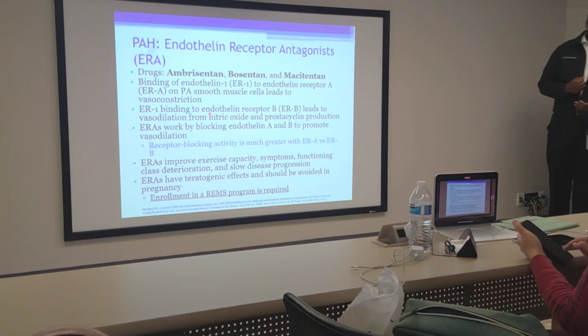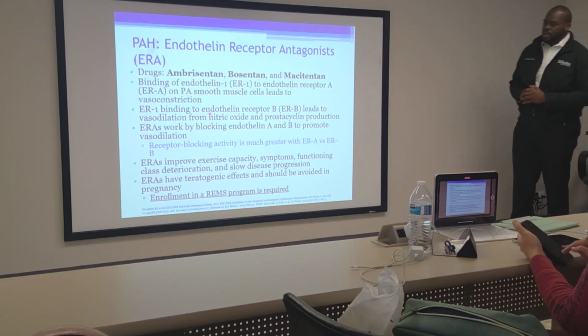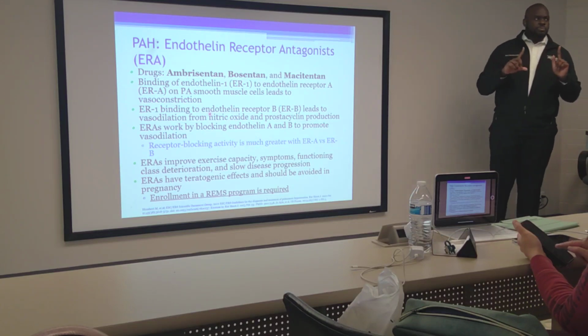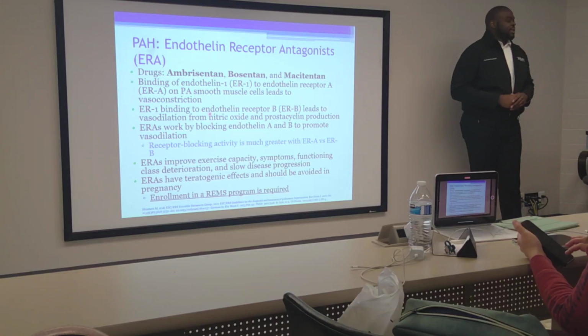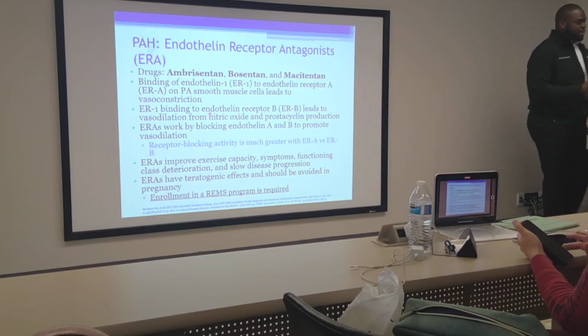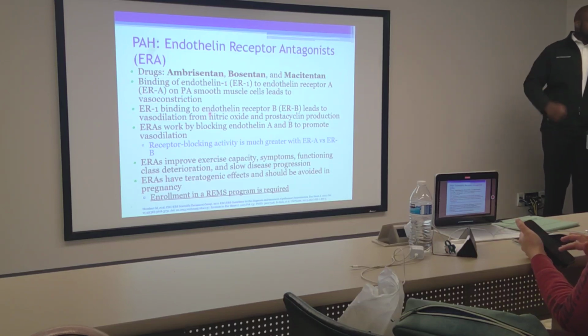Know that enrollment in a REMS program is required for all agents in this class. Do you know what a REMS program is by chance? Good deal. So all these patients, if they're on any of these agents in the ERA class, they definitely must be enrolled in a REMS program.